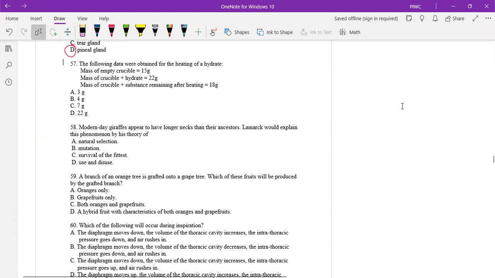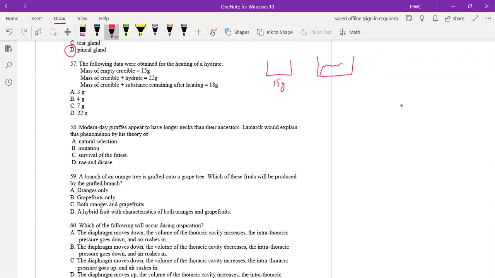So you have this data here. So think about your lab exercises, what you do in the lab. You want to weigh something, all right? So you have the crucible, empty, you have to weigh the empty crucible, and then that's 15 grams, empty. Then you take the crucible and the hydrate.